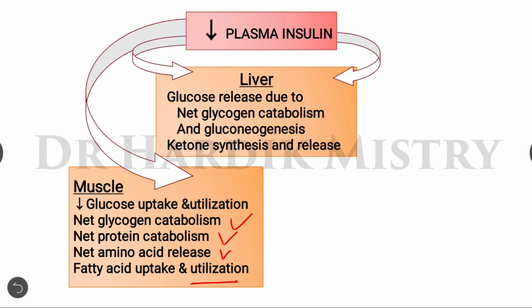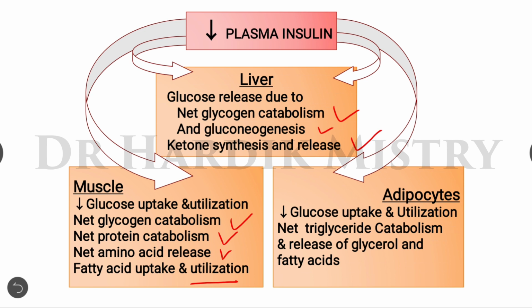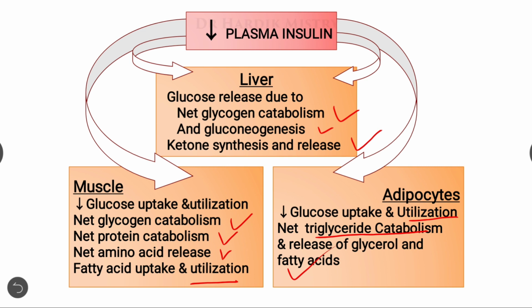In the liver, glucose is released due to net glycogen catabolism and gluconeogenesis takes place, as well as ketone synthesis and release. In the adipocytes, there is decreased glucose uptake and utilization, net triglyceride catabolism and release of glycerol and fatty acids. So that is the effect when the insulin level decreases inside our body, and how the different tissues, liver, muscle and adipocytes, react to this decreased level of insulin.